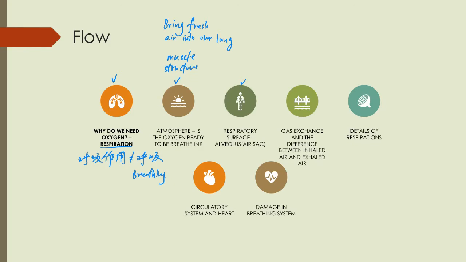In fact, in the whole process, we want to bring the oxygen into our cell. So the next one would be the respiratory surface. This is the part that performs the gas exchange. Right now you may encounter many different words, but no worry, we'll mention them one by one in the later chapters. The respiratory surface is the place for gas exchange, and we call this the alveolus or air sac.